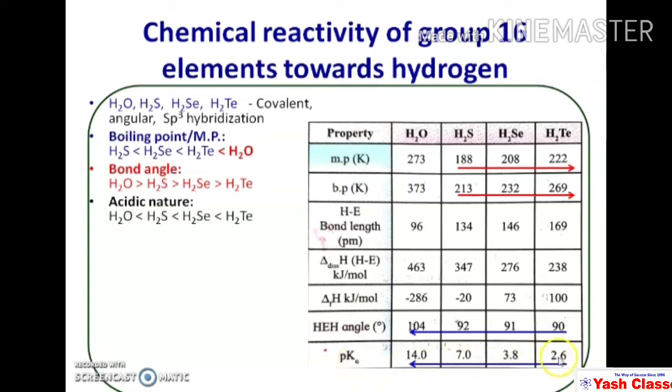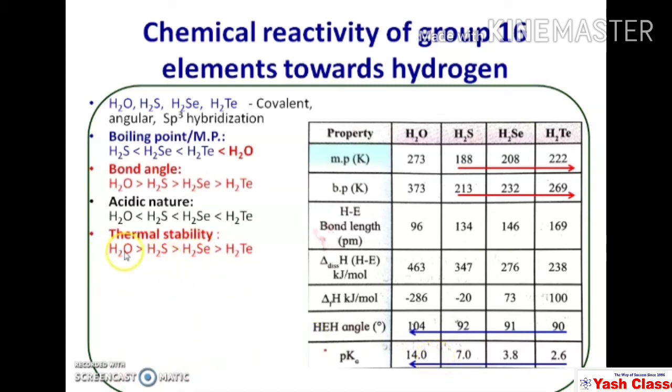So hydrogen telluride is the most acidic, whereas water is the least acidic as compared to other hydrides of this group 16 elements.